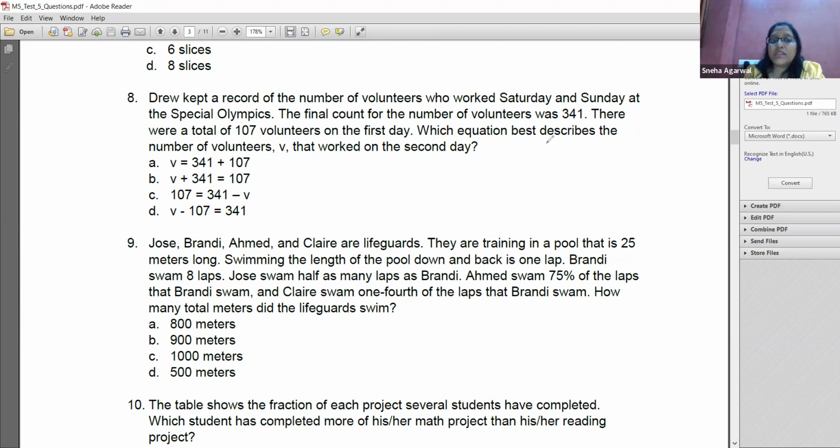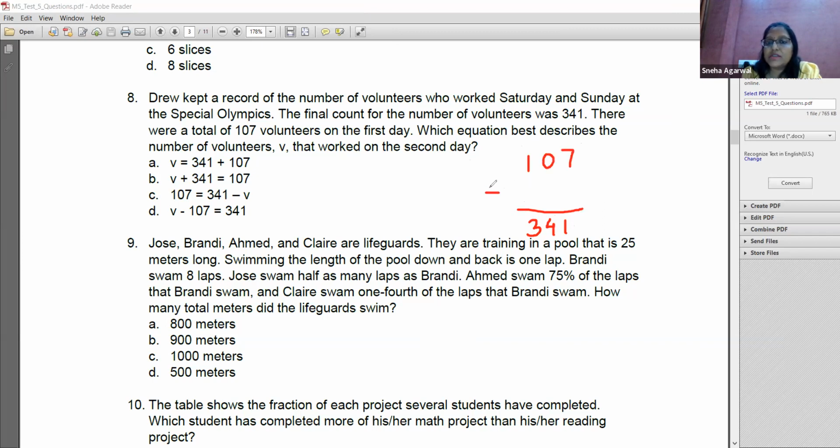They are telling you that volunteers worked on Saturday and Sunday for the Special Olympics, and the total number who worked was 341. The number who worked on the first day, Saturday, is 107.